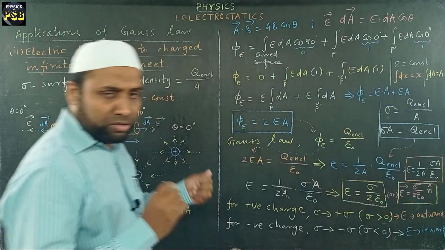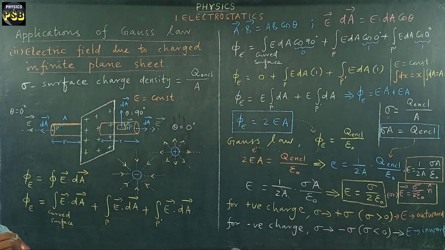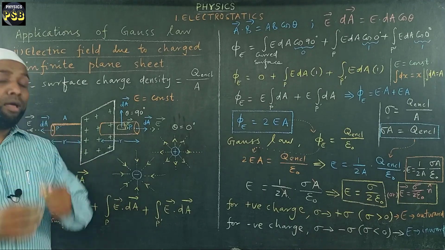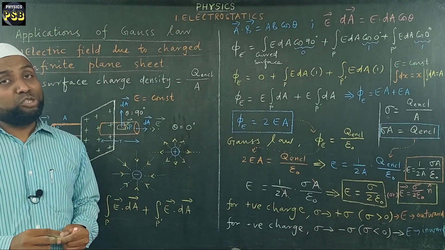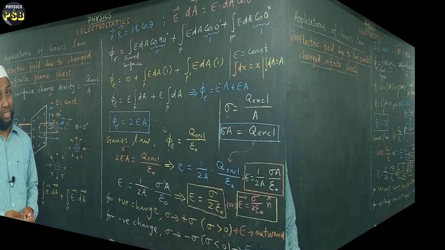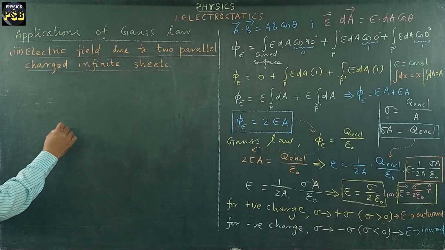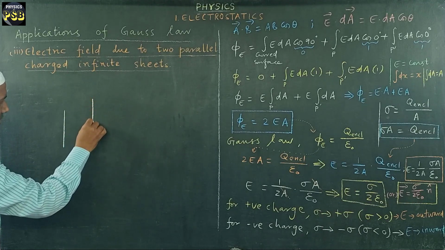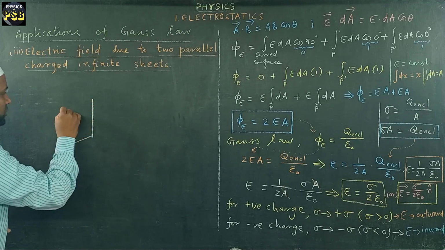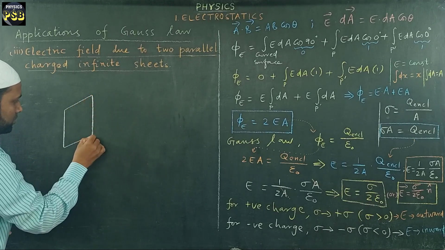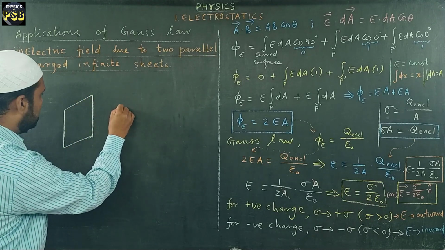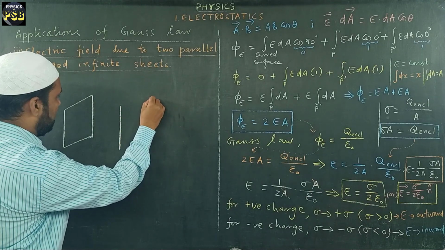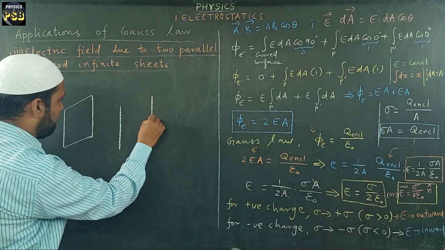Now let me show you what happens to the electric field when we take two plane charged sheets carrying different charges. For that I consider two plane sheets. This is one plane sheet and this one is another plane sheet.